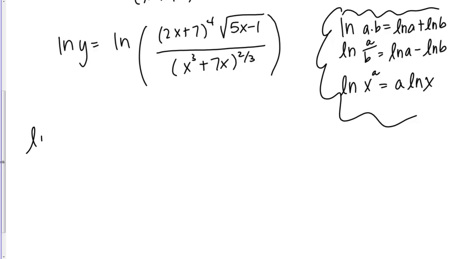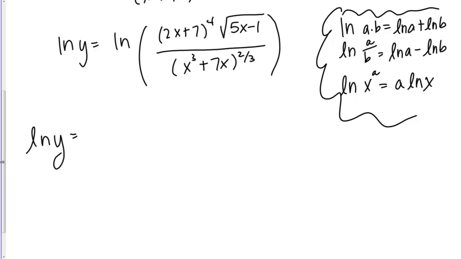Okay, so I need to rewrite the right-hand side. I have a product in the top, that's going to become a sum, and this quotient becomes a difference. But let me write it out step by step so that you can clearly see the order of operations.